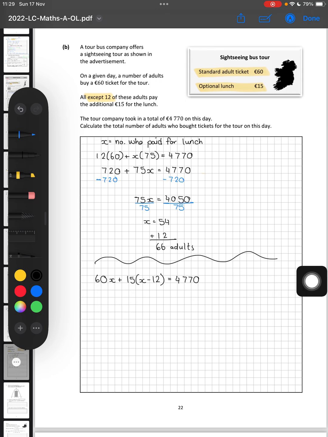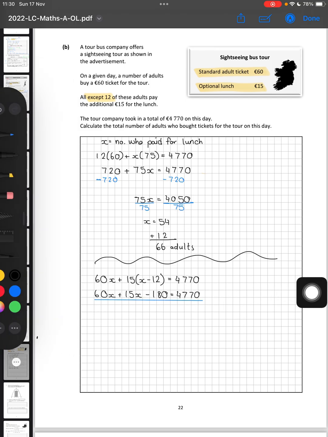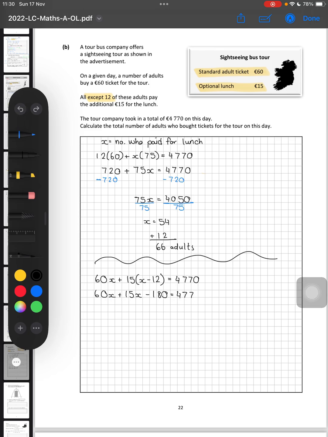Okay, because I need to simplify the left hand side, so multiply out that bracket. So 15 by x, and then 15 by 12 is 180. So minus 180 is 4770. Okay, so I can add these x's together, so I get 75x. And I'm going to move the 180 over to the other side, so I'm going to add it on to the 4770.